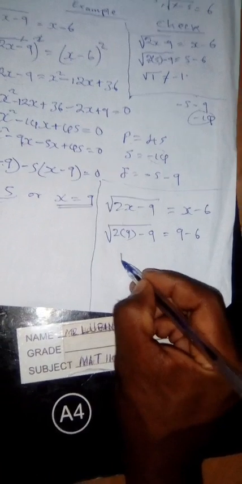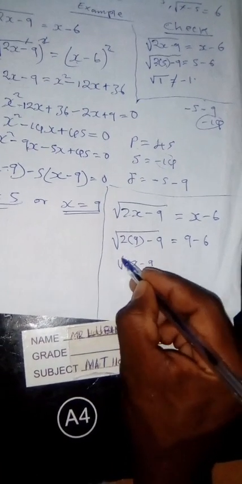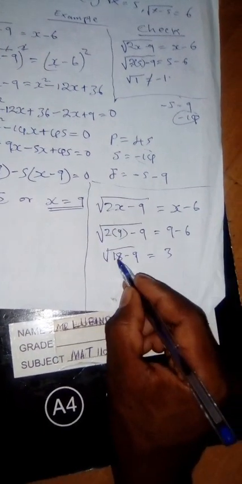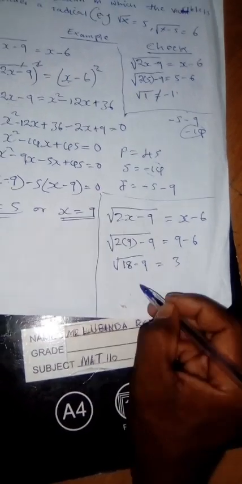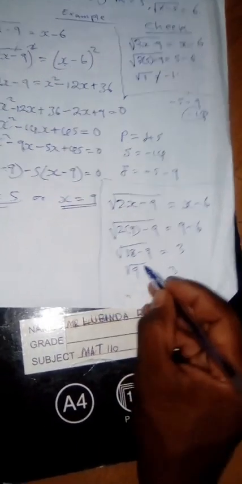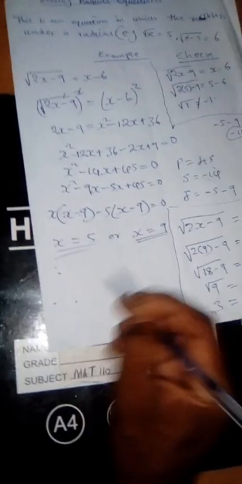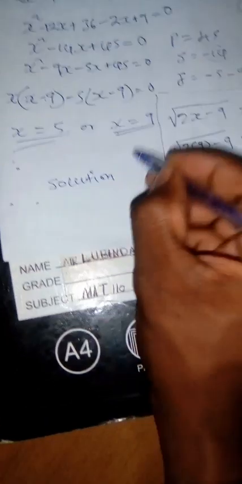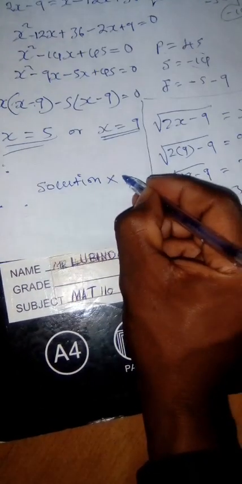So 18 minus 9 in the root is 9, and root 9 equals 3, which equals 3 on the right side. Therefore, we conclude by saying the solution is x equals 9.